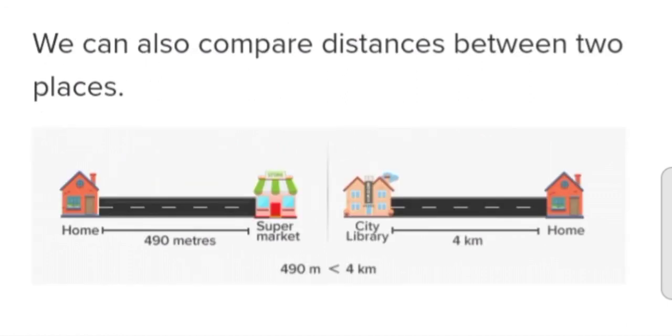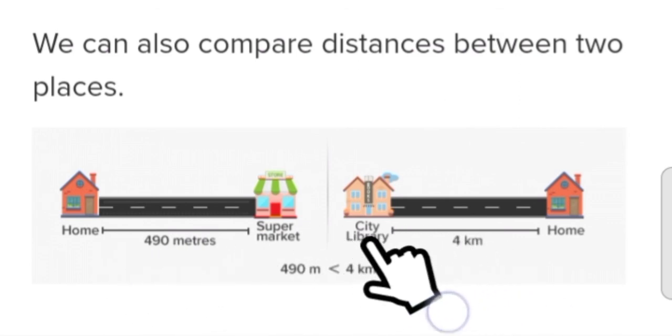The next thing, we can also compare the distance between two places. We have already learnt about meters and kilometers, isn't it? In the fifth standard also you will be learning more, but whatever it may be, we can compare it.